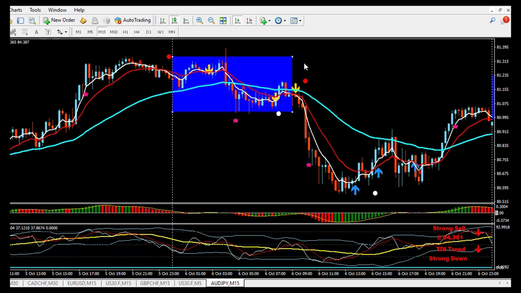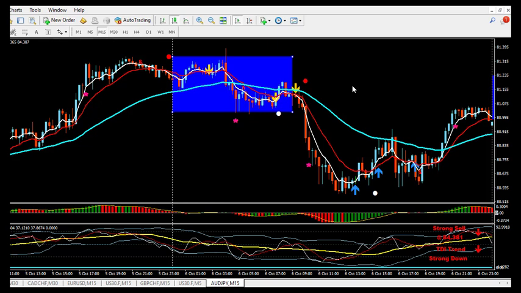I look for setups from 8 a.m. plus 1 GMT in order for me to place a trade, and that's why I drew this blue rectangular box, so that you will know how I trade it and what I'm looking out for at this particular time. And we are going to check a couple of these setups and see how it actually works.